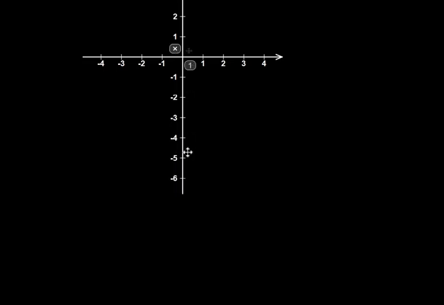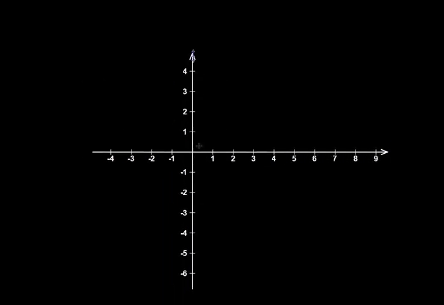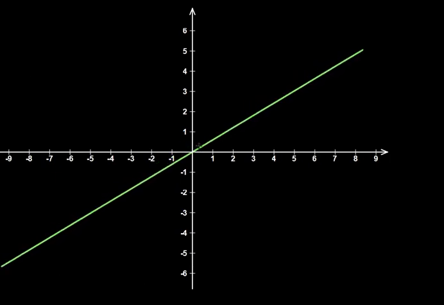Let me just say I have something like this now. I'm going to start by drawing the line of symmetry, meaning the line of y is equal to x, this one. So I start with it. This is the line of y is equal to x.